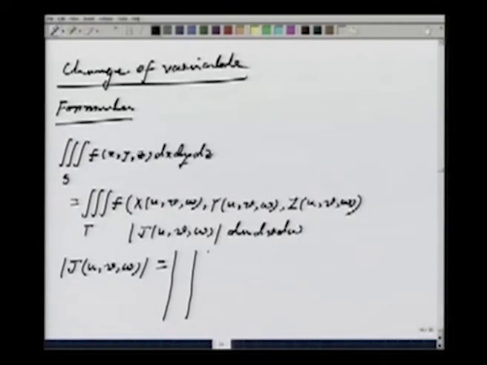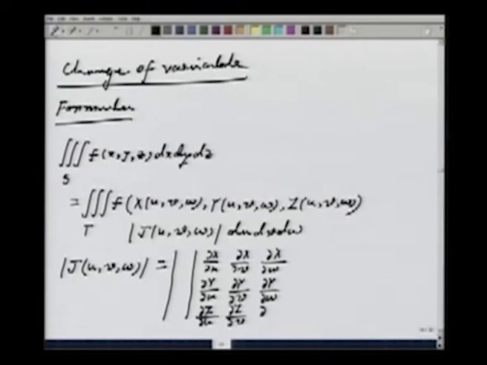It is del x del u, del x del v, del x del w, then del y del u, del y del v, and so on, then del z del u, and so on. So this is the Jacobian which one needs to calculate. You can take it just in the spirit of two dimensions. It is just the analogous thing.